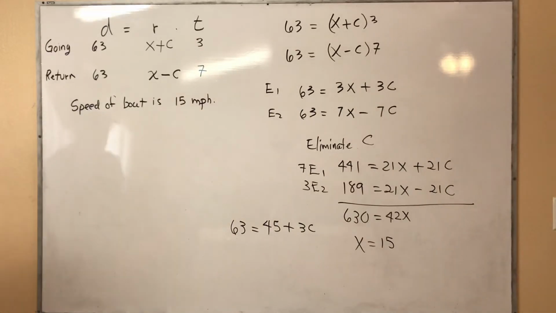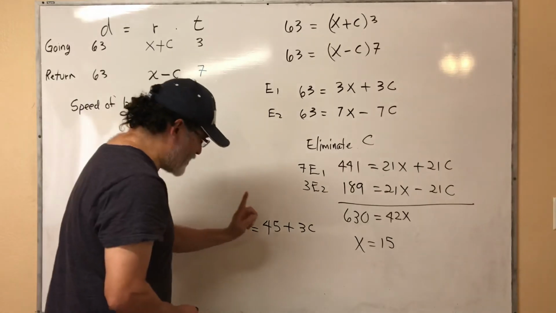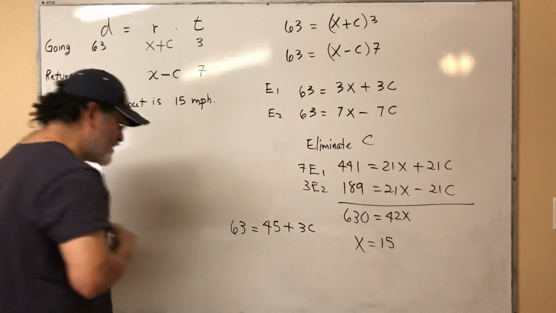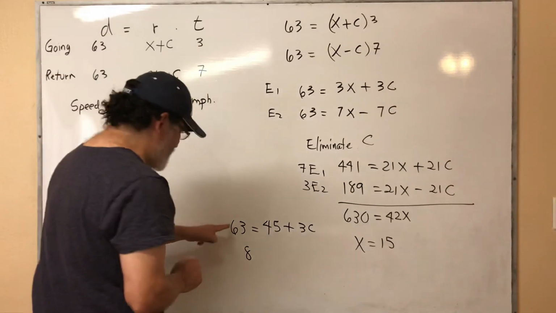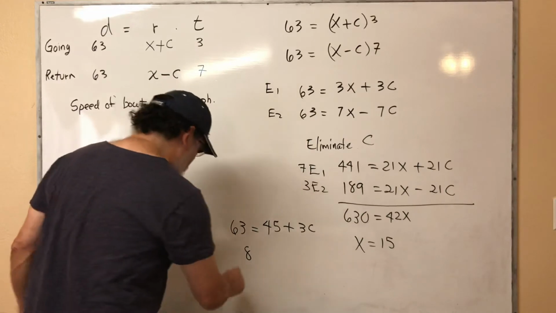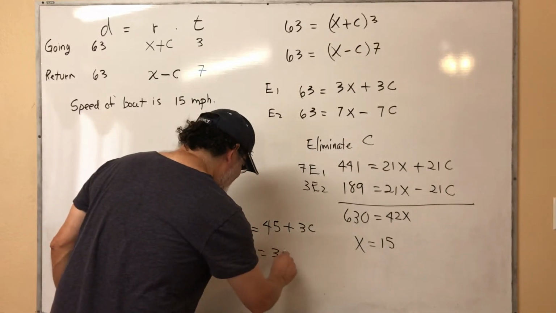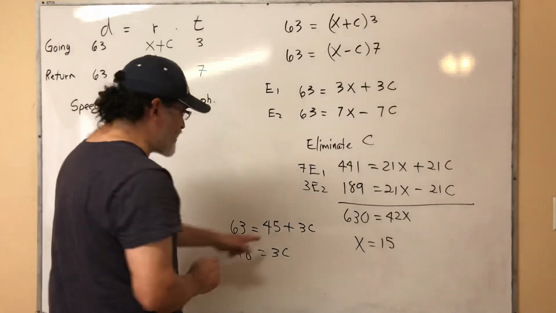So 63 minus 45 is 18, equals 3c. I subtracted 45 from both sides.